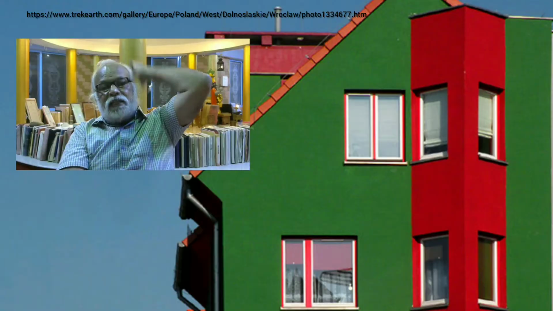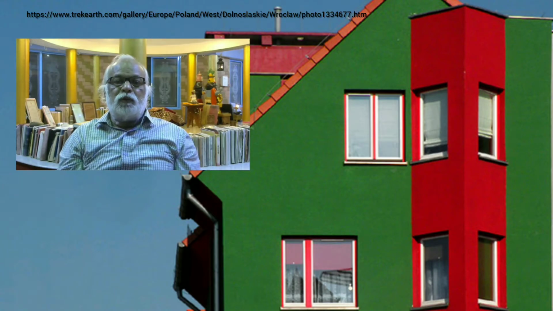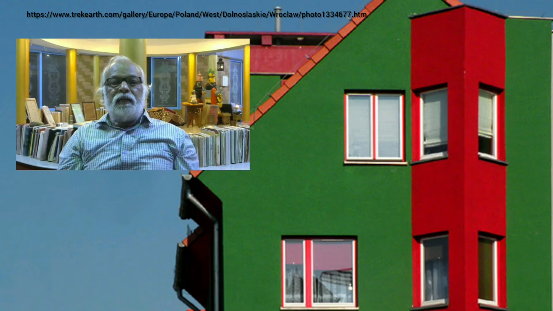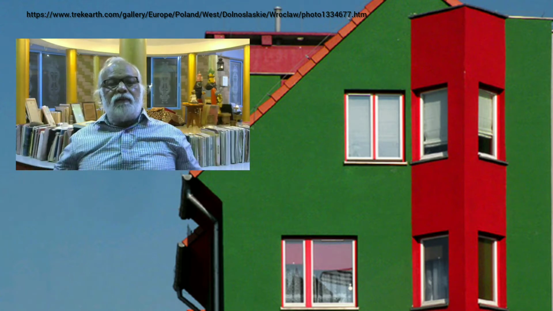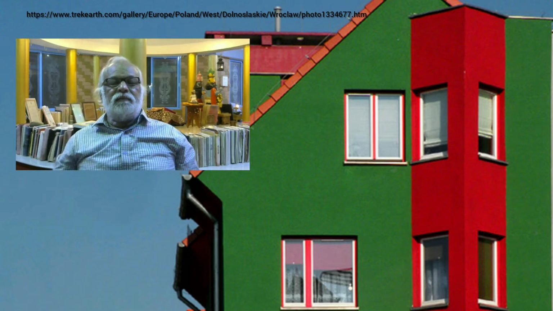So, color plays an important role in rendering good architecture. How are color and contrast put together? They are put together by having a very large area with a light color and a small area with a dark color.